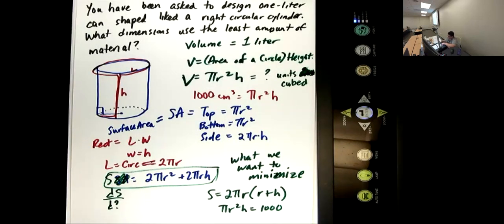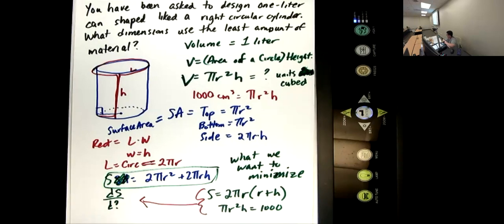So how can I take these two pieces of information and get to something like that with only one variable? This is ugly, but you've done this before, maybe not with a cylinder with surface area and volume, but you've solved two equations with two unknowns.